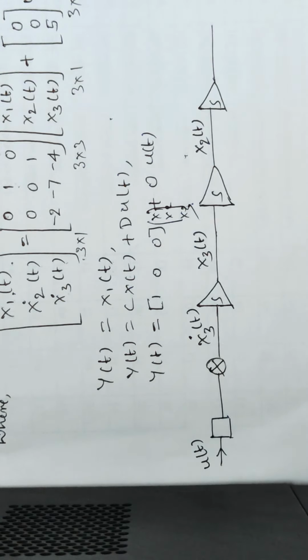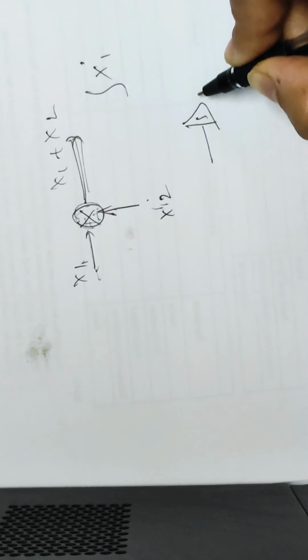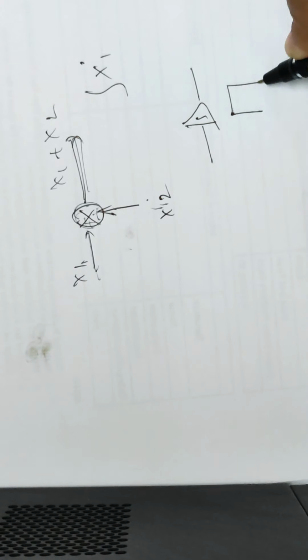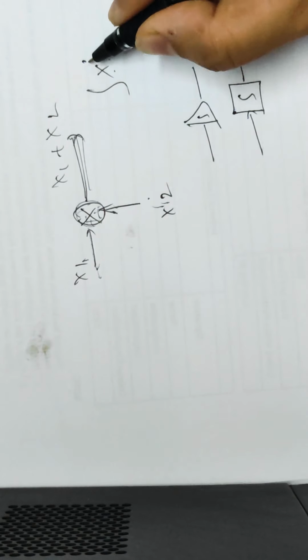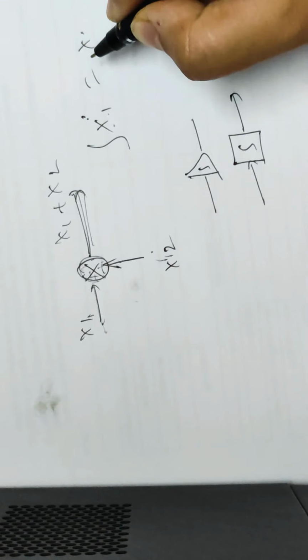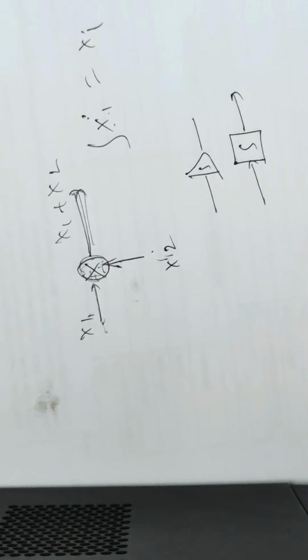So for the integration we are using this symbol, or you can use this symbol for integration. So x1 dot integrated gives x1, right. So for this integration term we have to use this integral form.